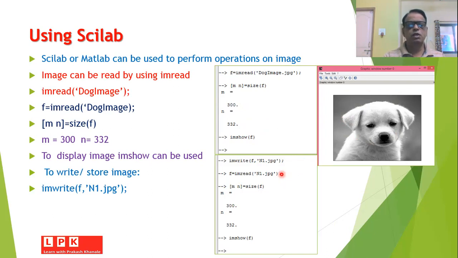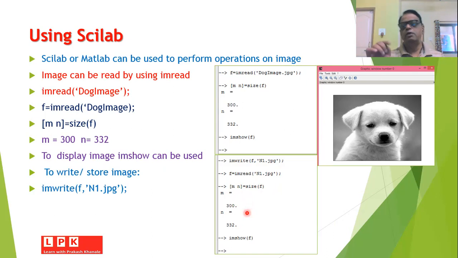If you want to store the image, you can use the function imwrite(f, 'n1.jpg'), giving some new name to the image, and the image will be stored with the new name. If you read the same image using imread('n1.jpg'), the same image will be displayed using the function imshow. The size will also be the same as that of the dog image.